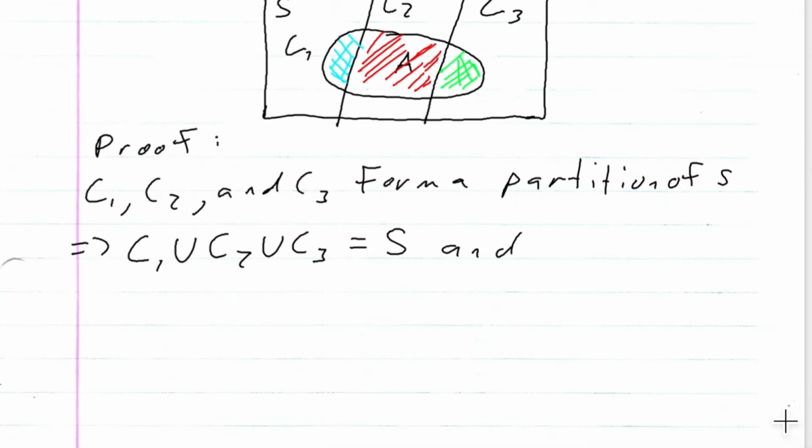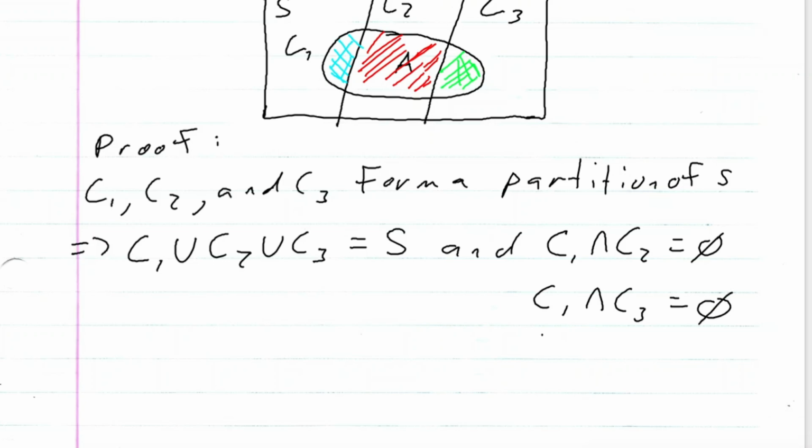So I'll show you what I mean here. C1 intersection C2 is empty. C1 intersection C3 is empty. And C2 intersection C3 is empty. Whenever we have this situation where all of the pairwise intersections of the sets within a family are empty, then we know that the sets in this family are pairwise disjoint.